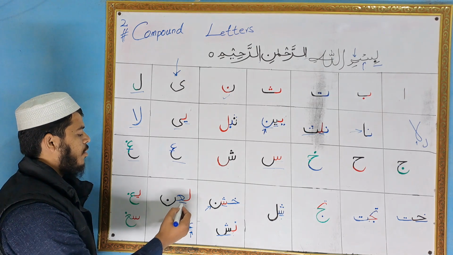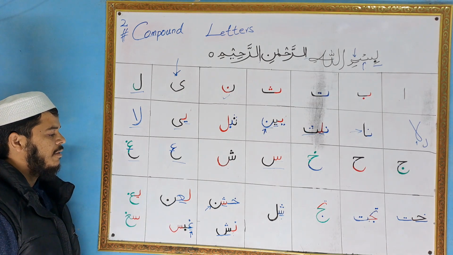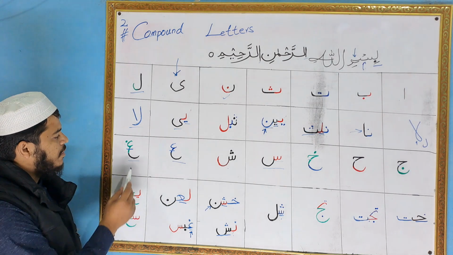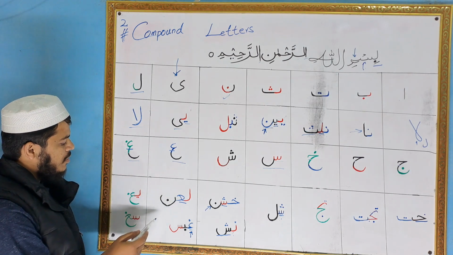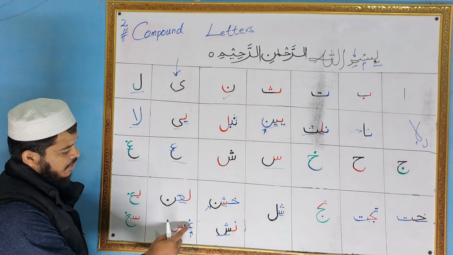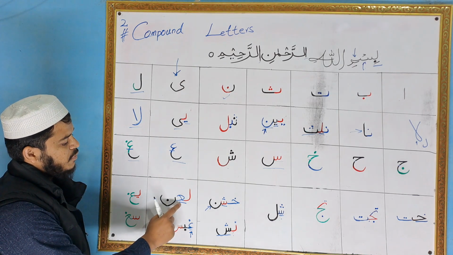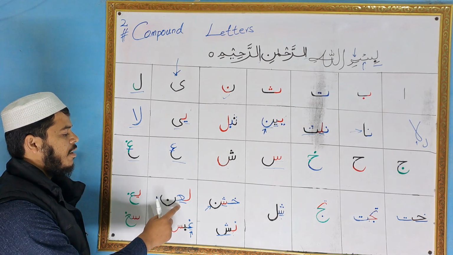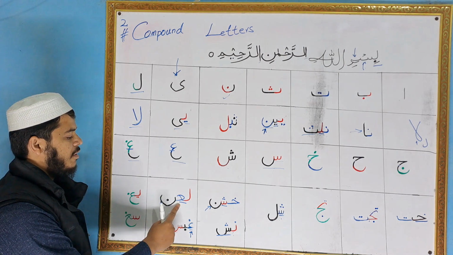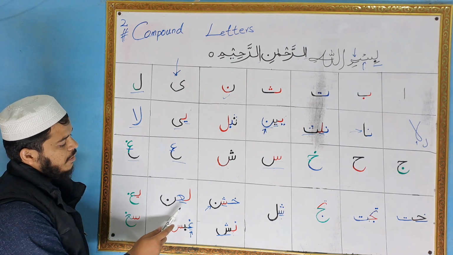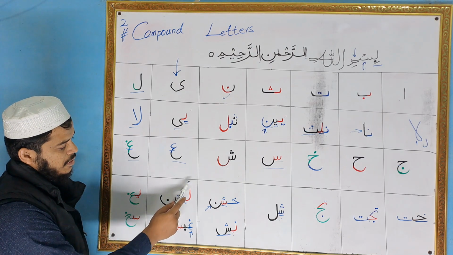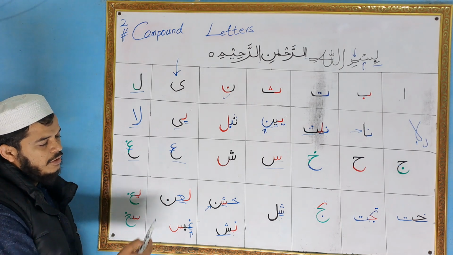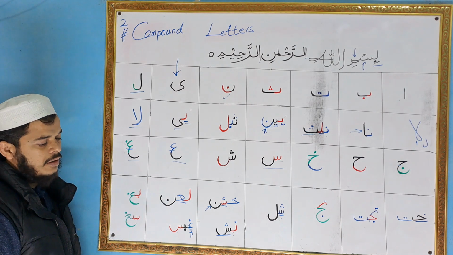Now we will consider how it will look as a middle letter. This shape will be a little different. Sometimes it comes with the same shape like this one, sometimes it comes with this shape. It could come with this shape as well, so that's why I'm putting this shape, so that it will be in your mind. Lam, because one straight line without any dot around it will be considered as lam.